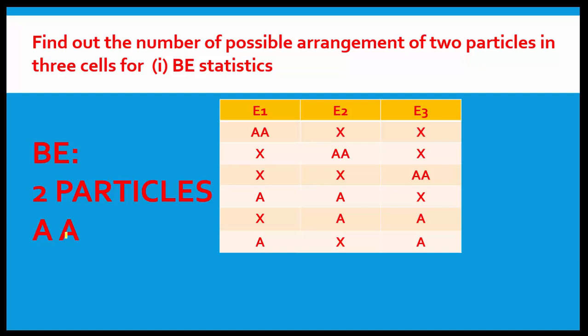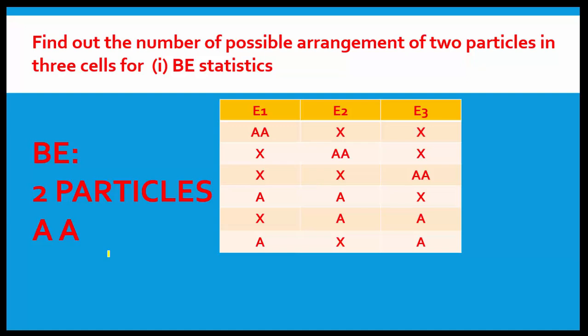In the previous case, for Maxwell-Boltzmann statistics, we considered AB. In this case, because they are indistinguishable, it is AA. And the second point is that Bose-Einstein particles do not follow Pauli's exclusion principle, which means that these two particles in a given cell can stay together or they can stay individual.